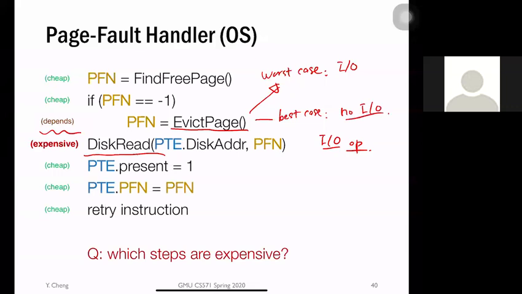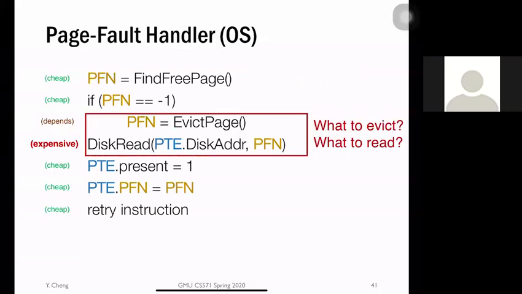Maybe the data within the page that you try to evict belongs to some process that has already gone. So there's no IO, just simply erase it. That is why this particular step depends. Within each of these two operations, you have to make a decision.